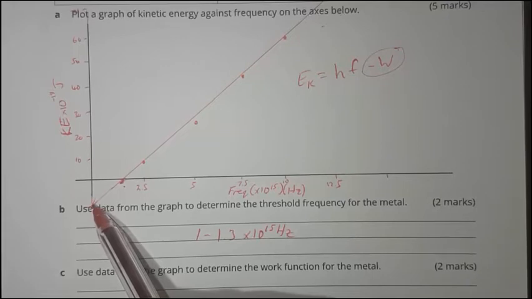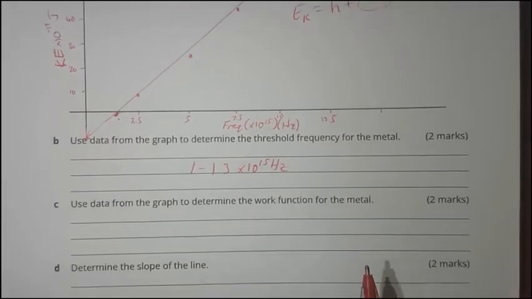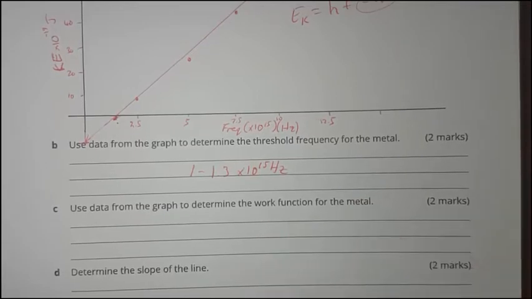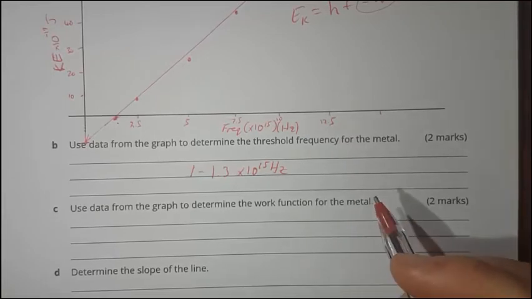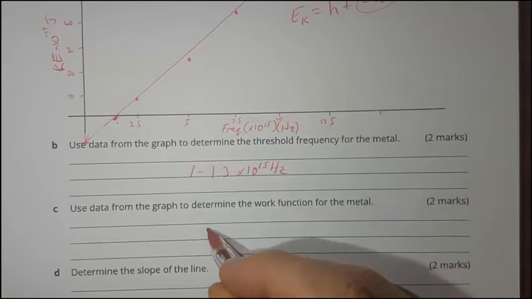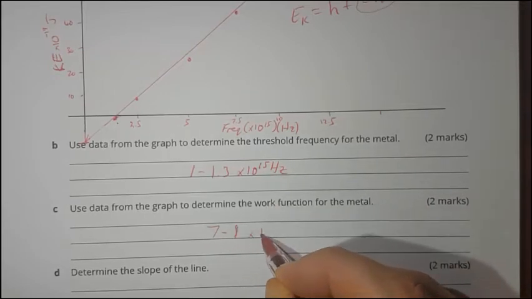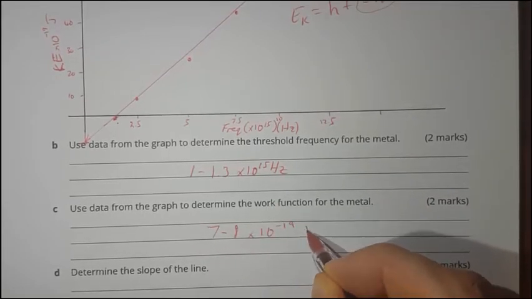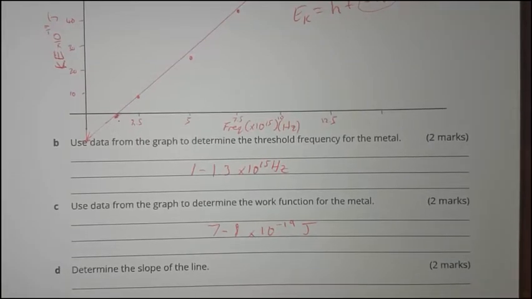If you showed that you chose your value from here, you got yourself 1 mark. But to get the full 2 marks, it's 7.7. They would have accepted anywhere between 7 and 8 times 10 to the negative 19 joules. That is what is typical there.